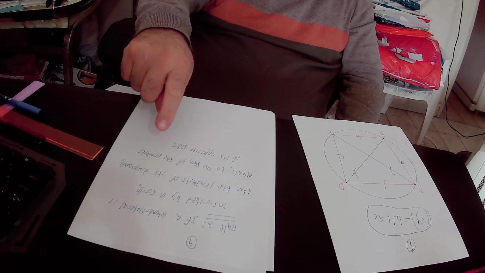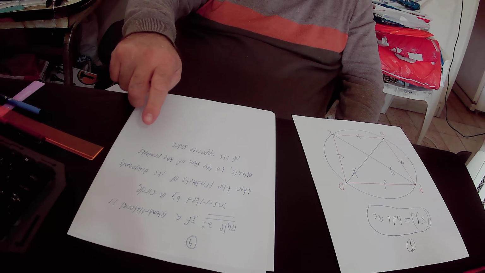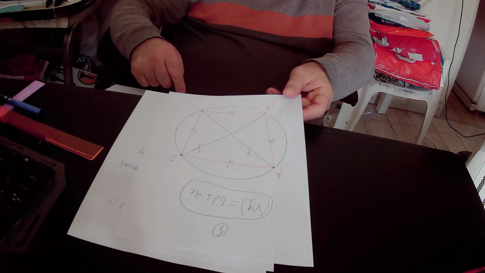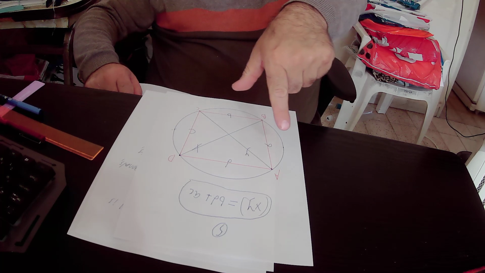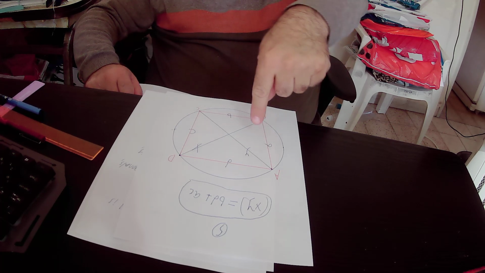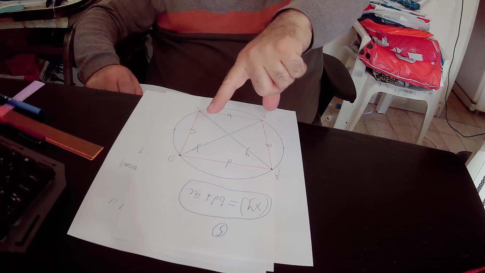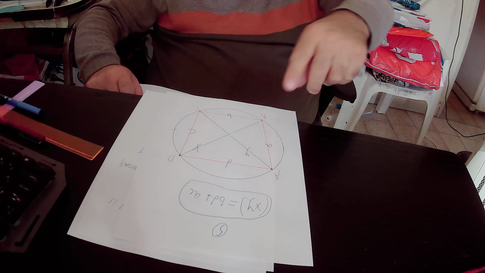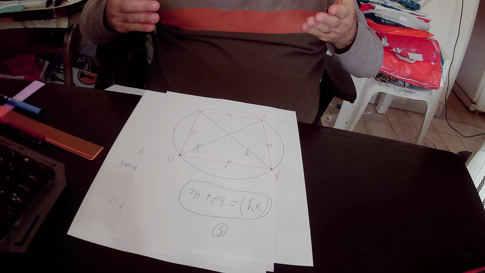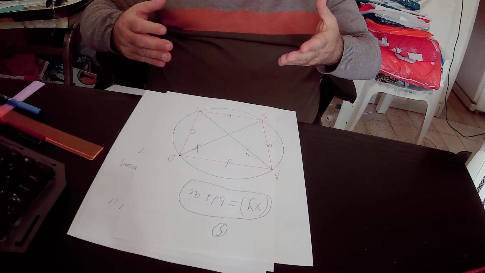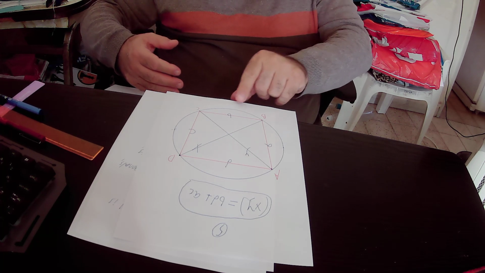So the product of its diagonals is actually x times y, because we have diagonal AC equals y units in its size, and diagonal BD of quadrilateral ABCD equals x units in its size, and the product of the diagonals equals x times y.